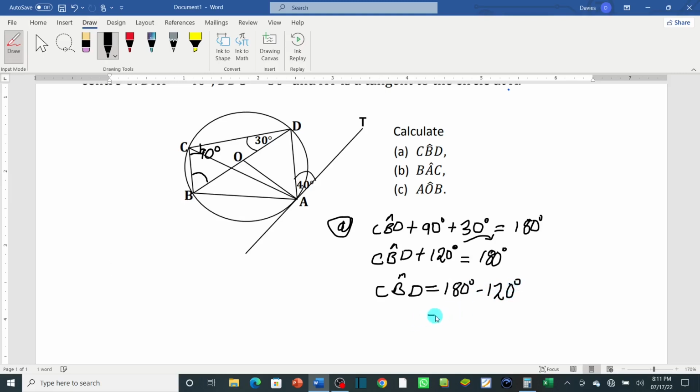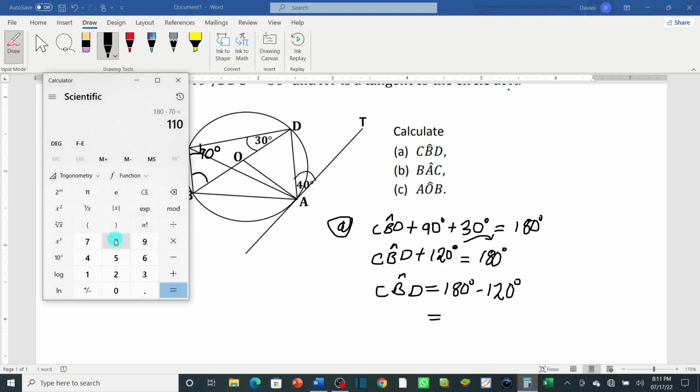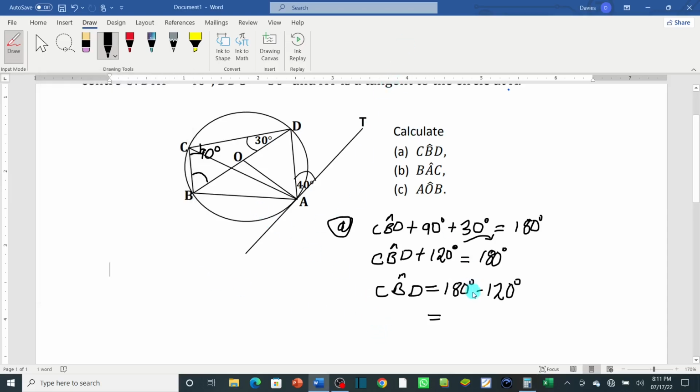Then we'll get our calculator: 180 minus 120 equals 60. Which means that this angle CBD is 60. So this angle here is 60.